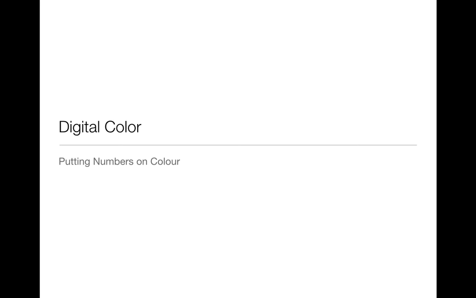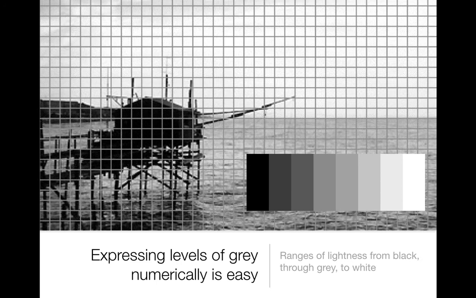Now in a black and white image, expressing levels of grey using numbers is fairly easy. We have a range of greyness. We have black at one end and white at the other, and then the shades of grey are in between. And really the only question is how many sections we have, how many quantization levels.